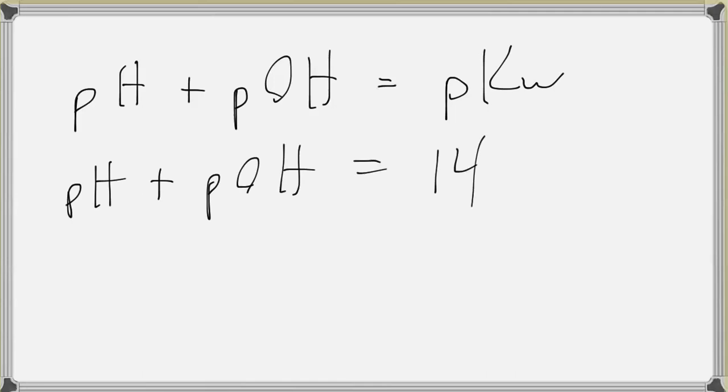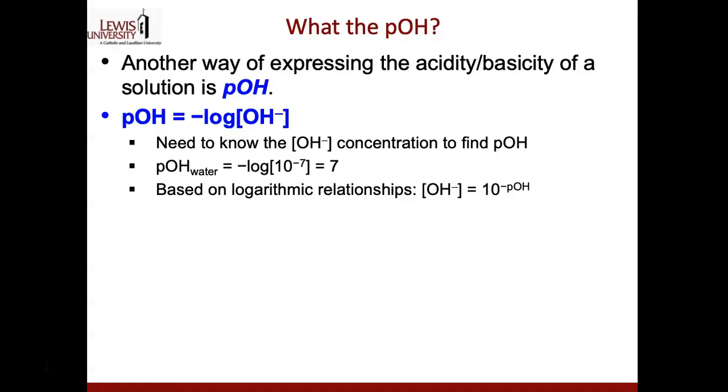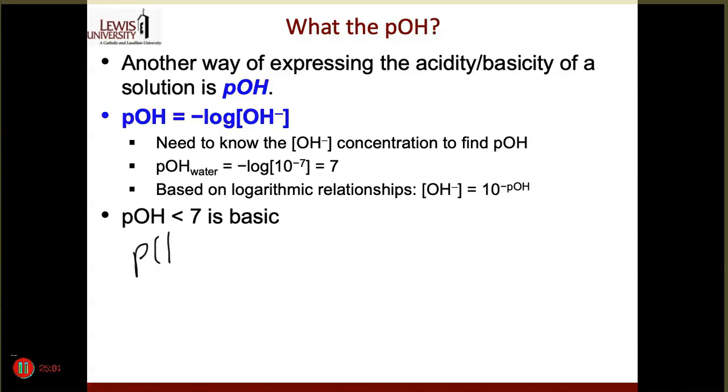So if I know pH or if I know pOH, I can always find the other one, right? Let's go back to our solution. Let's say we have a basic solution. In a basic solution, we have a really high pH, something that's greater than 7. So let's say you have a pH equal to 10. What's the pOH?